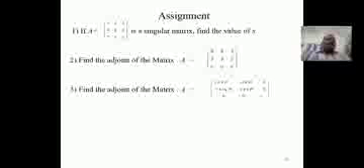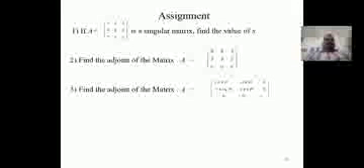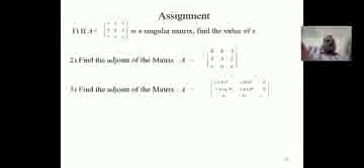For the second row elements, the cofactor of sin theta is minus, and the cofactor of cos theta is cos theta minus 0.